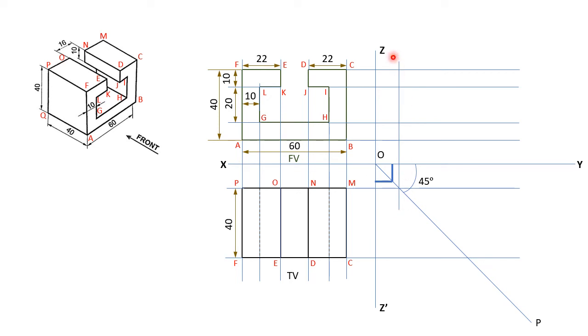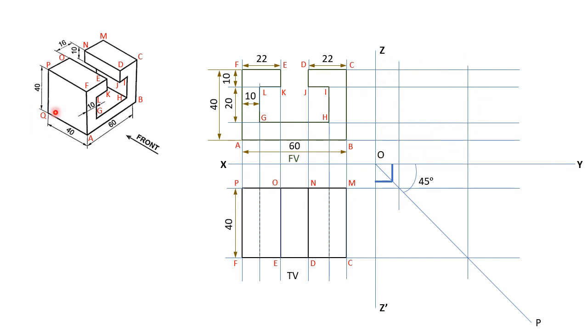So this is one vertical line drawn over the intersection of the angular line OP and the projection of the top view, and this is another vertical line drawn the same way. So this is our side view.